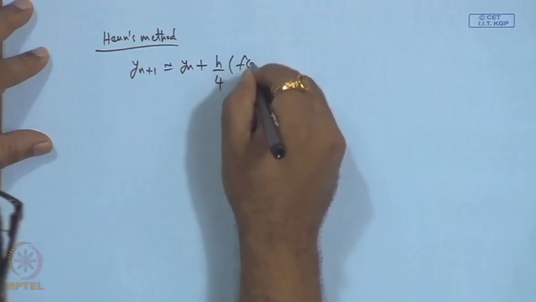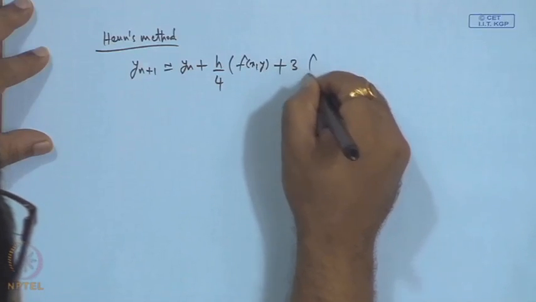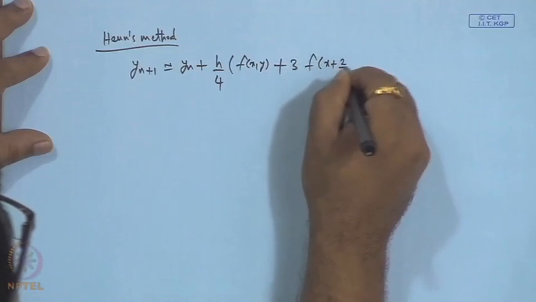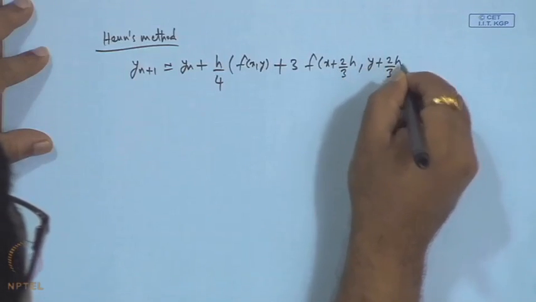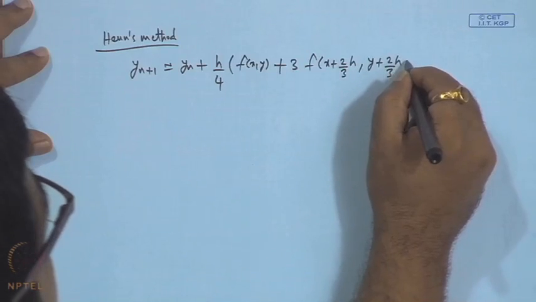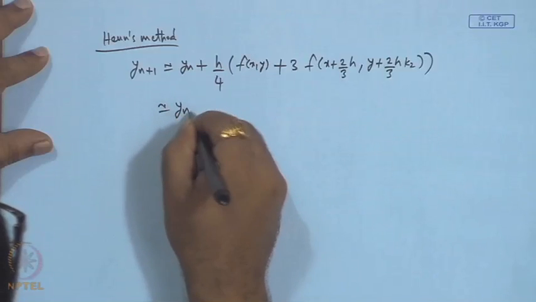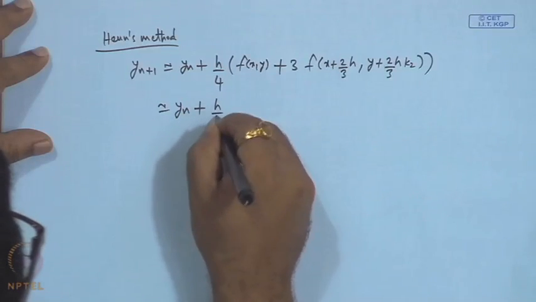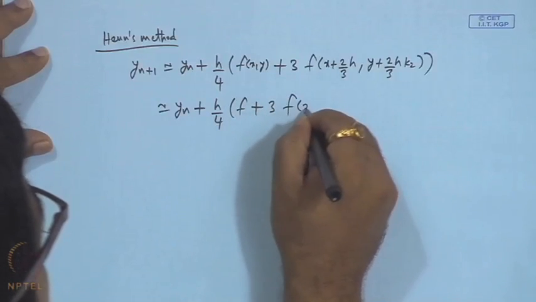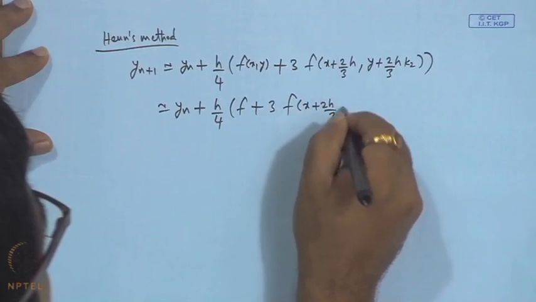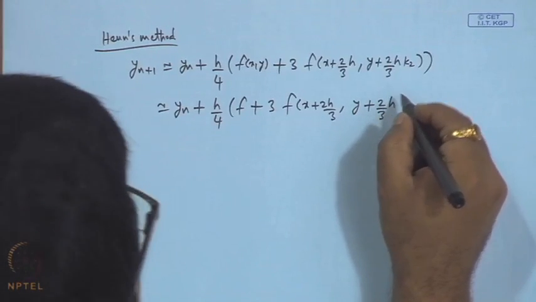So, k 1 is f of x, y, and then 3 k 3, that is f of x plus 2 by 3 h, and k 2, so y n plus.